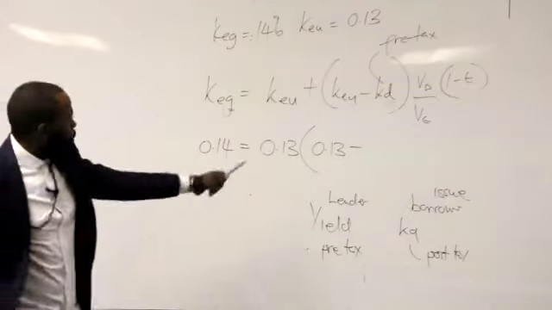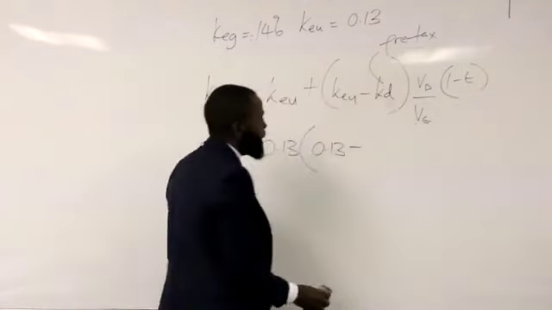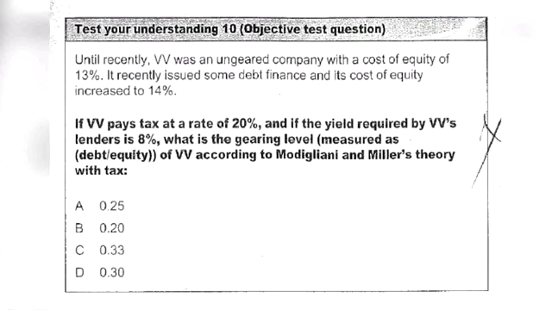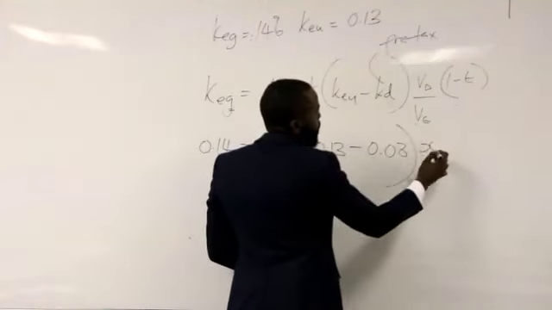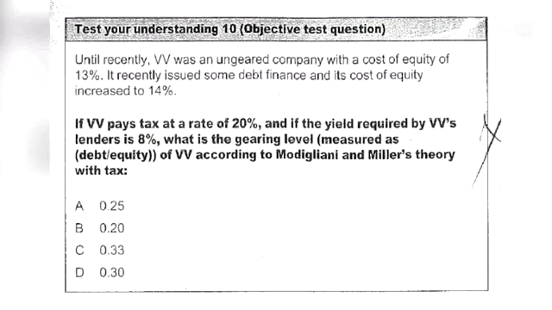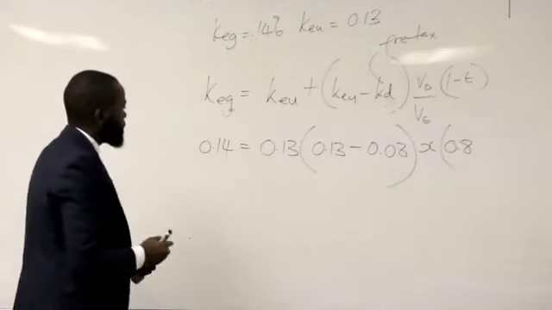And in our formula, we use the pre-tax, which is the same as the yield on the debt. So the yield on the debt, we're told it's 0.08. This ratio, we just call it X. Then 1 minus the tax. Tax is 20%, so this becomes 0.8.